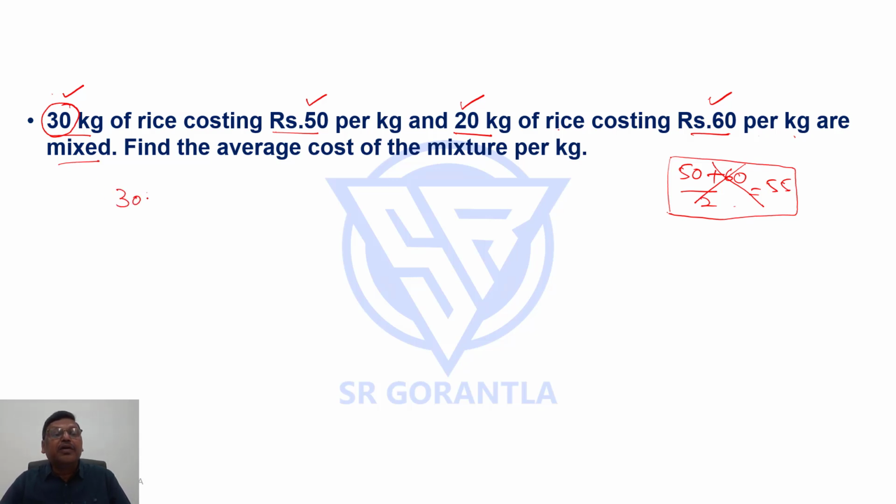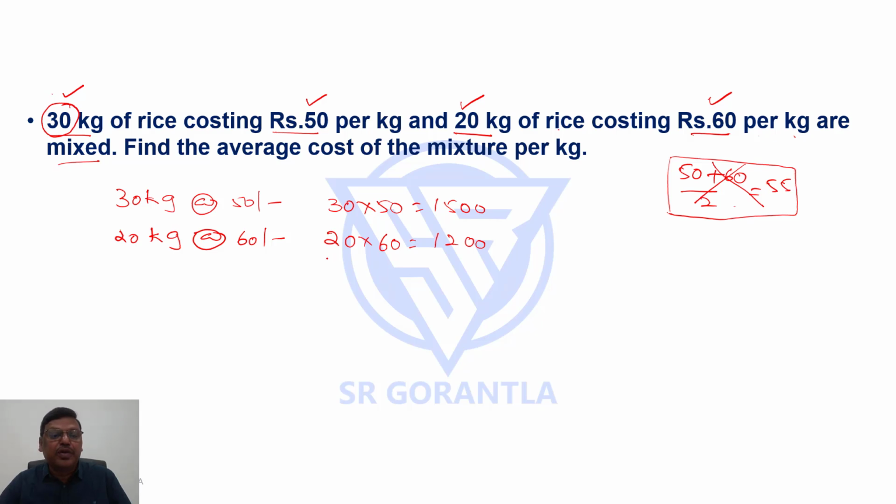So now, 30 kilograms you bought at the rate of 50 per kilogram, how much money are we spending? 30 into 50, 1500 rupees we spent. Now we bought 20 kilograms at the rate of 60 per kilogram, so 20 into 60, we are spending 1200.